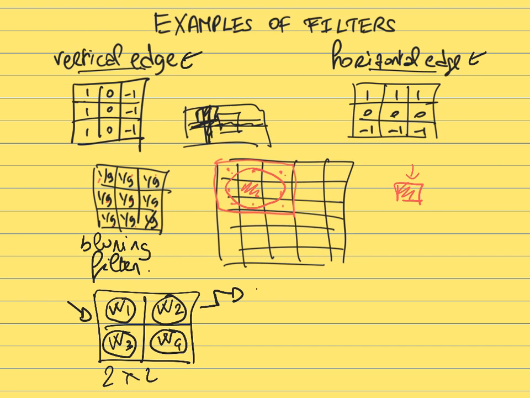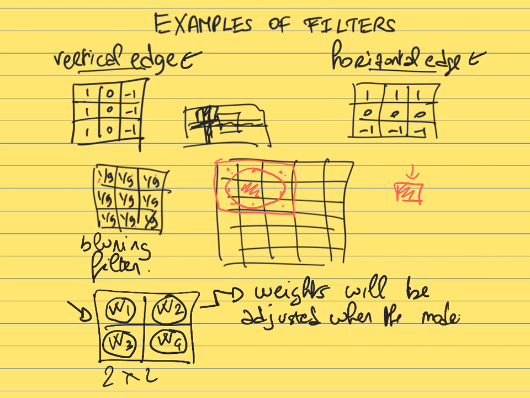Those weights will be adjusted when the model starts to learn how to recognize a cat. So that's going to be part of the learning of the model.